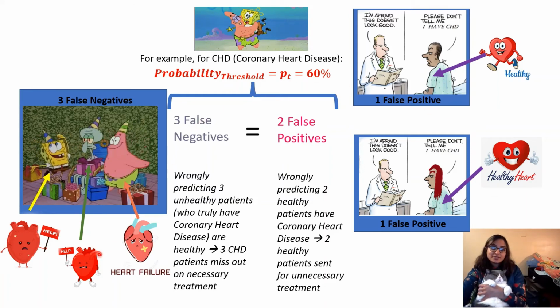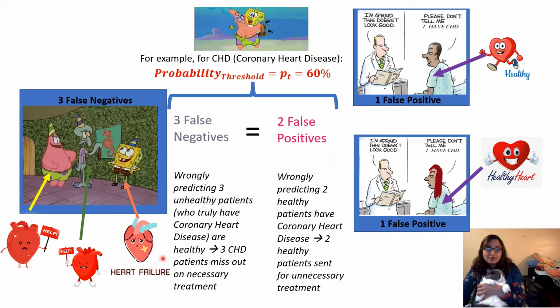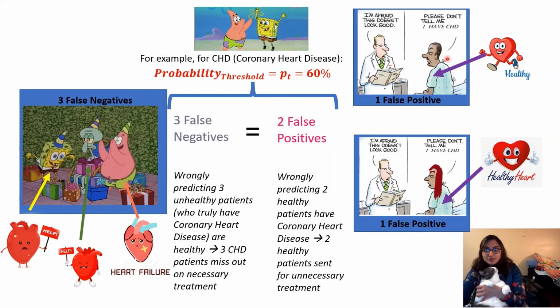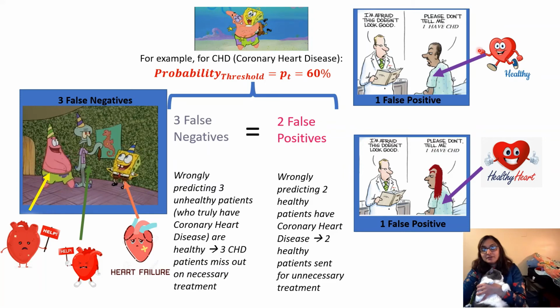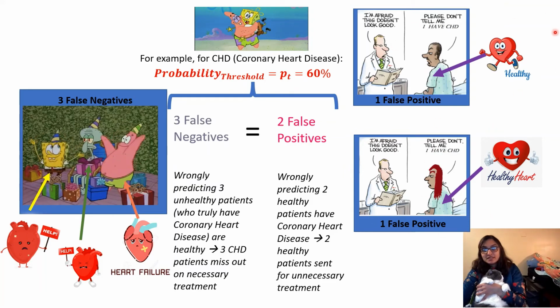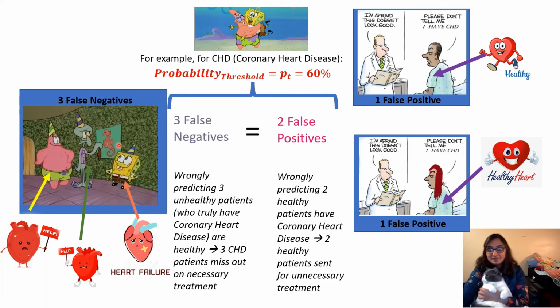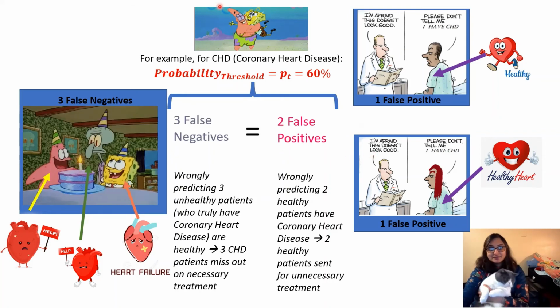So in this case, having these three patients miss out on necessary treatment for coronary heart disease is in a way equal to sending two patients for unnecessary treatment. But here, two patients for this mistake could be worse or the same as three patients for this mistake. So again, the emphasis is on minimizing false positives.